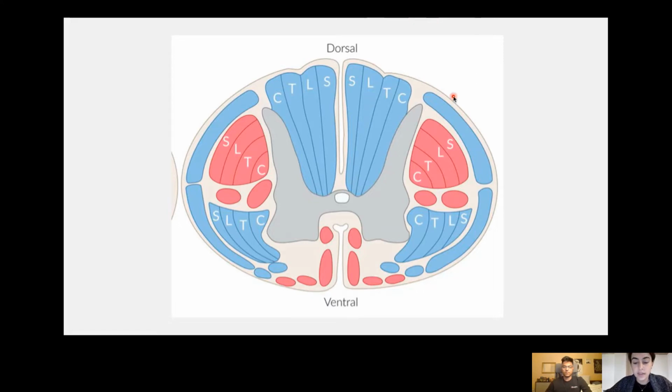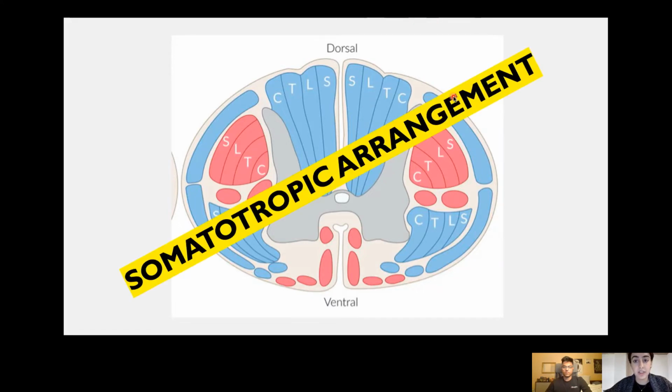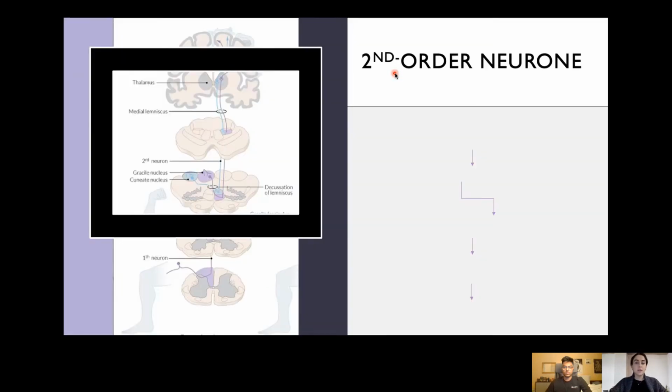This is called the somatotopic arrangement. So sacral, lumbar, then thoracic, and then cervical. Sacral, lumbar, lower thoracic is part of the fasciculus gracilis, and upper thoracic, cervical, part of which fasciculus? Fasciculus cuneatus.